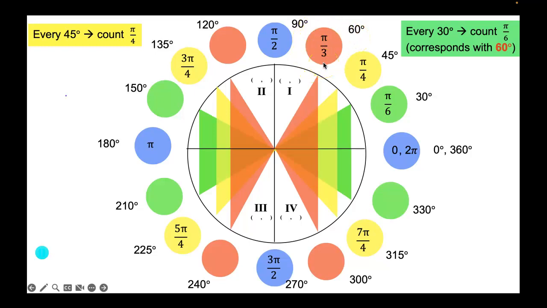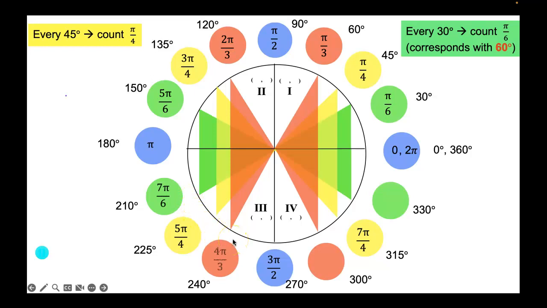So I'm going to simplify that fraction. And then I have 3/6, which is the same thing as 1 over 2. Then I'm going to have 4/6, which is the same thing as 2/3. Then I'm going to have 5/6. Then I'm going to have 6/6, which is the same thing as 1 pi. Then I'm going to have 7/6.